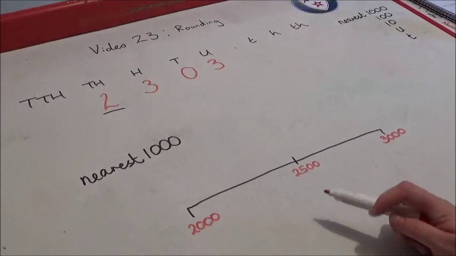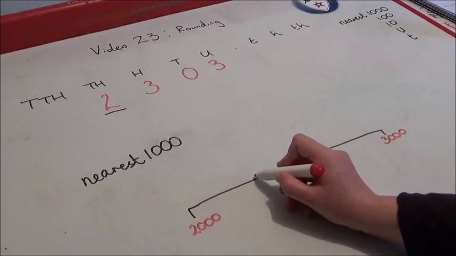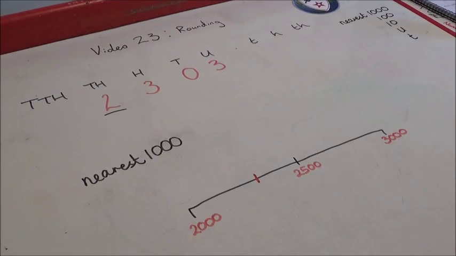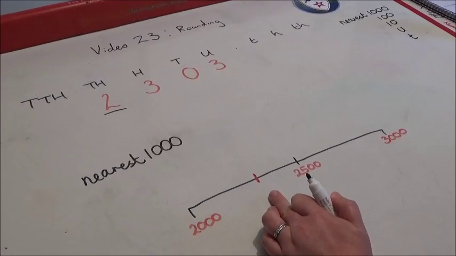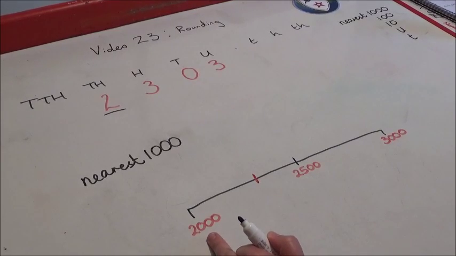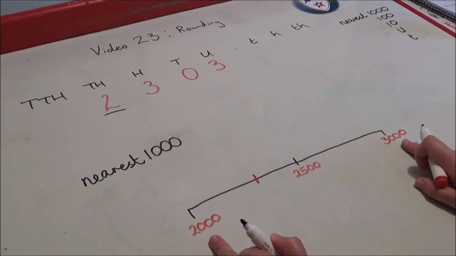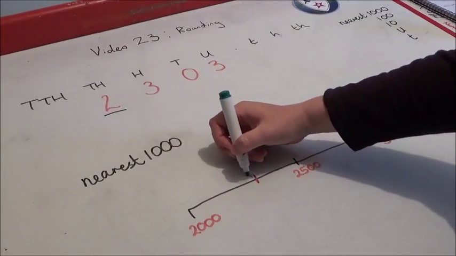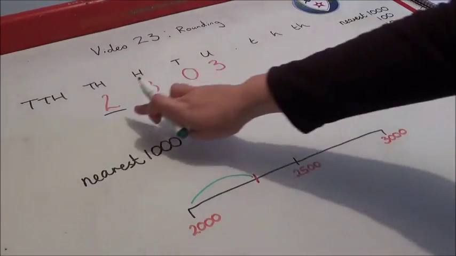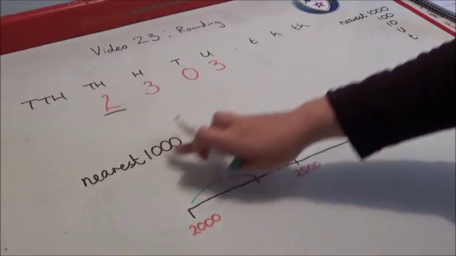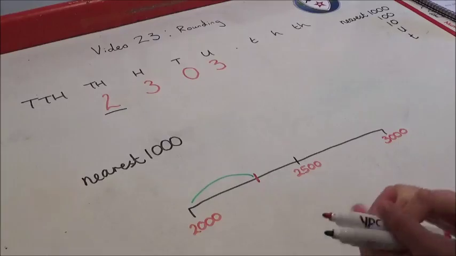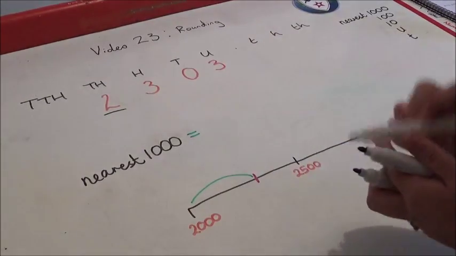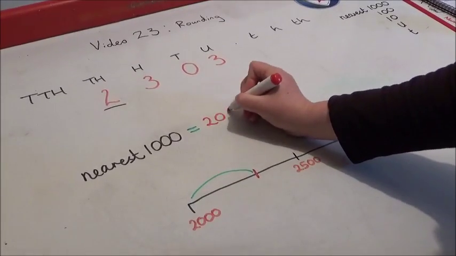So we know that 2,303 is probably going to be around about here as an estimate. So we're saying to ourselves, is that number closest to 2,000 or is it closest to 3,000? And we can see from our number line, it's easily closest to 2,000. So 2,303 rounded to the nearest 1,000 is the same as 2,000.